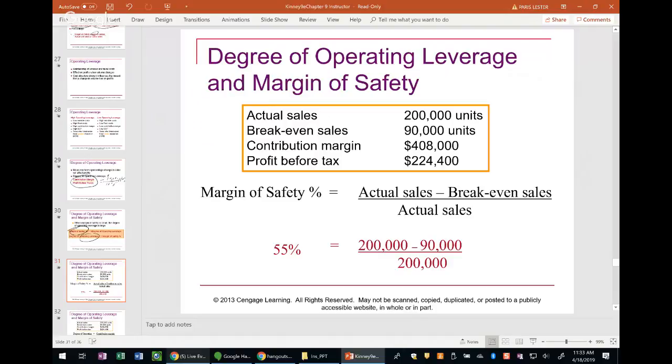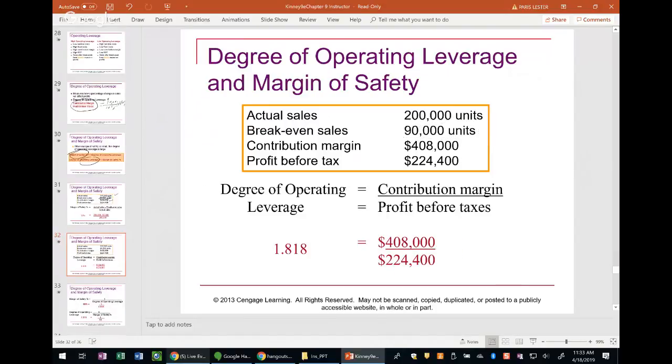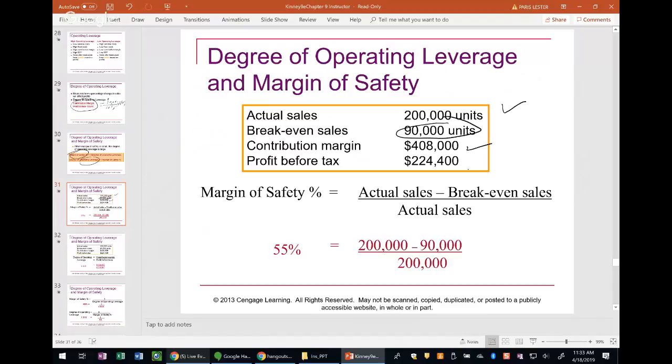All right, our actual sales is 200,000 units. Our break even would have been 90. Our contribution margin is 408. Our profit before tax is 224. So to do a margin of safety, well, I didn't want you to look at the other formula. Take your actual sales, 200,000 minus break even of 90.